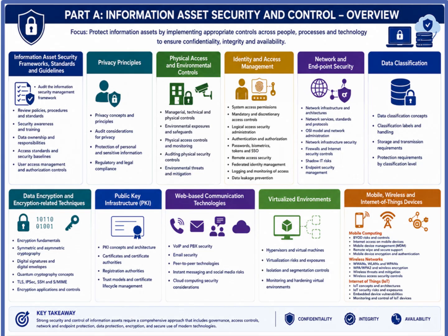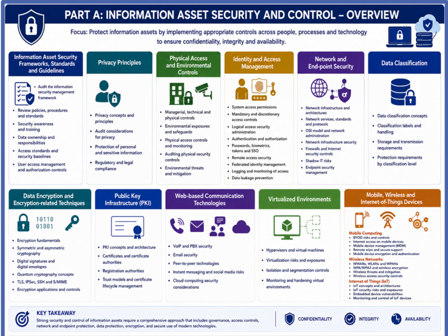This includes policies, procedures, security awareness, data ownership, and access standards. From there, the focus moves into privacy principles and the protection of personal and sensitive information, including legal and regulatory considerations. Physical and environmental controls are also important. These help protect facilities, equipment, and supporting infrastructure from unauthorized access and environmental threats.